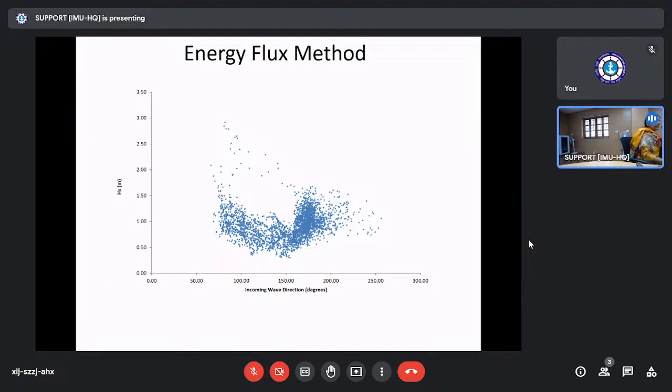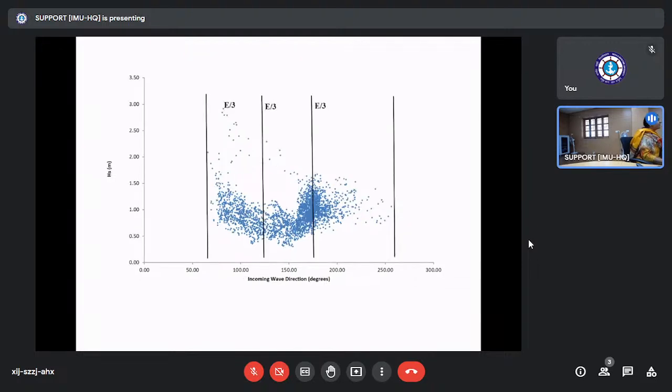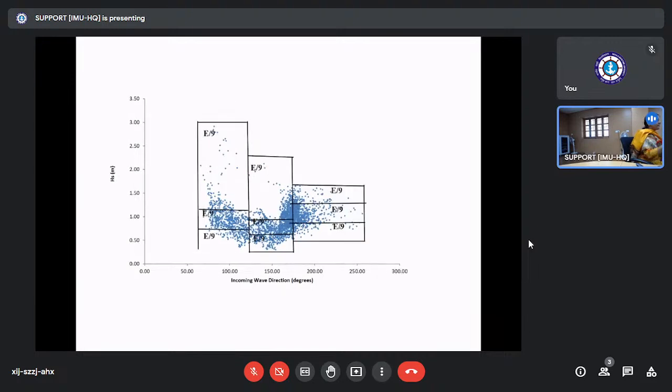Now we are dividing it on the basis of wave direction, calculating the energy into 3 parts, so this is the division of the energy, E by 3. Thereafter, after dividing based on wave direction, we are dividing it on the basis of wave heights.